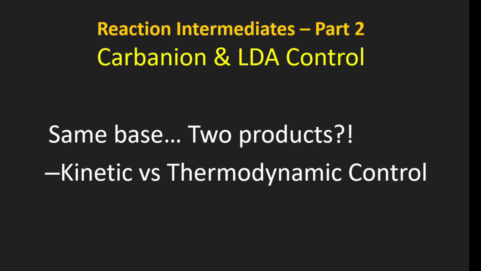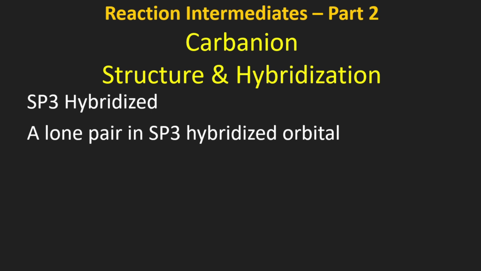So hi students, in this lecture we will see the carbanion and its relation to LDA control. Just a little bit about the carbanion, its structure and hybridization. You know that in a carbanion, the central carbon atom is sp3 hybridized, meaning there is a pyramidal geometry around the carbon, with a lone pair and three groups that may be R, hydrogen, anything.